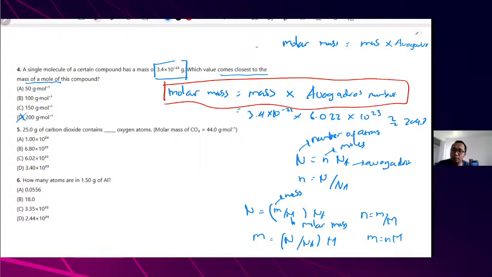All right, it's good if you understand this one first.